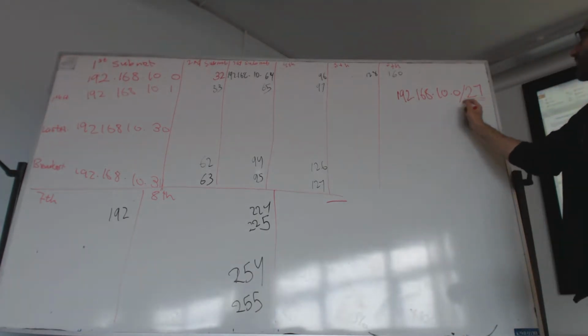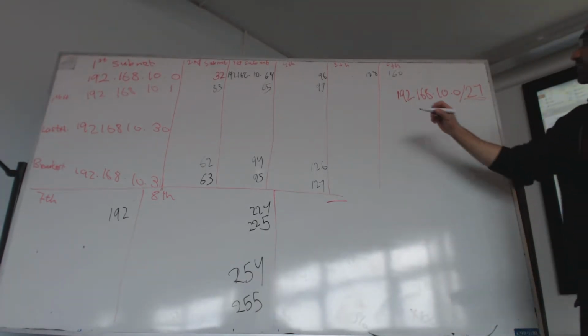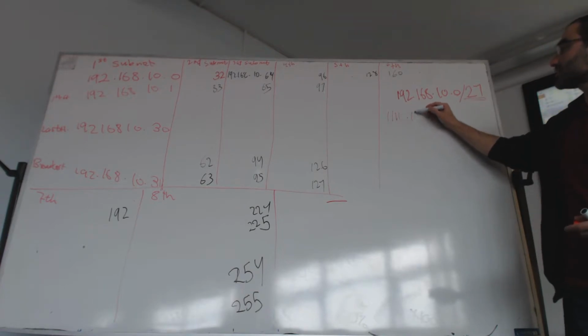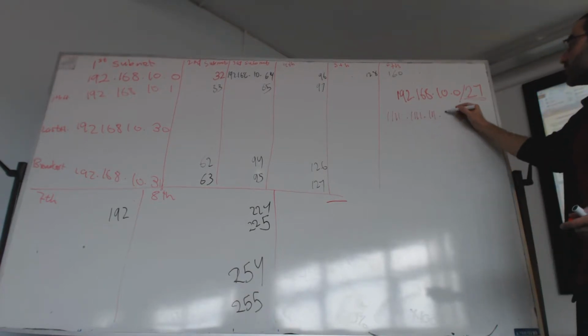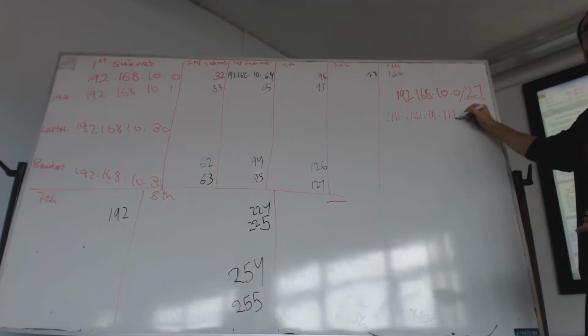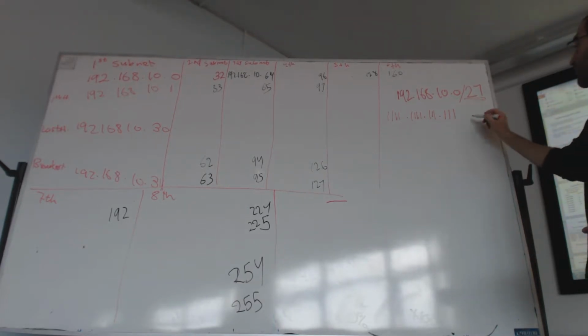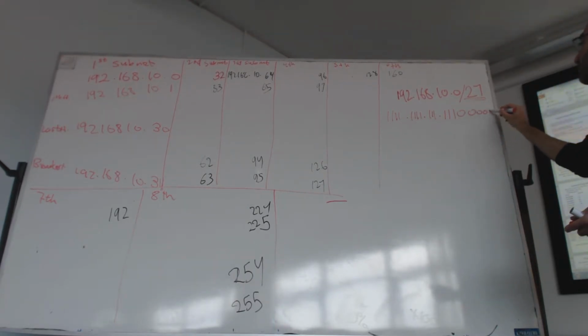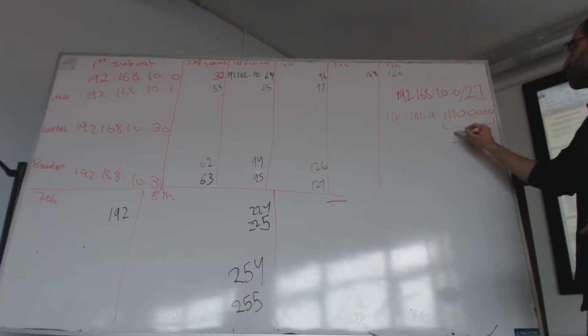That 27 is the number of ones, as I said. So that's 8 ones, 16, 24, 25, 26, 27. And in the last octet you have 8 bits, so that's another 5 zeros to complete that 8.